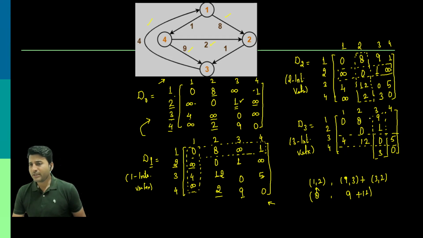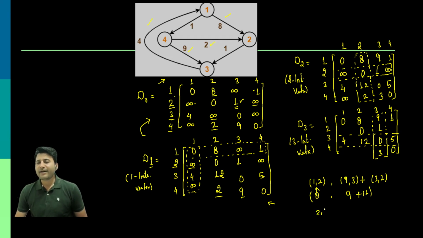Now 1 to 4, and we are supposed to include 3 as an internal vertex. So 1 to 3 is 9, which is already larger, so the direct 1 to 4 stays. Write it directly. Okay, now the second row. 2 to 1 is infinite.